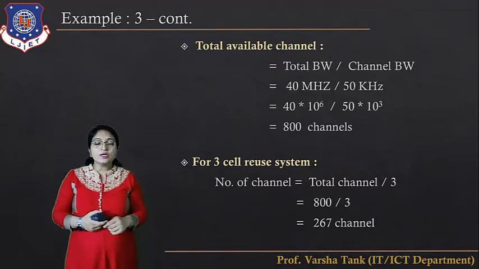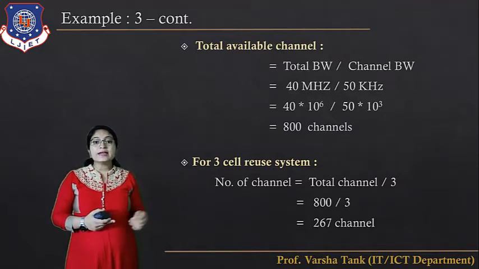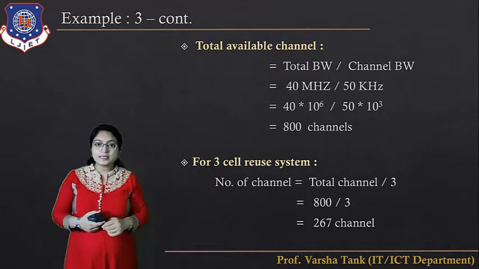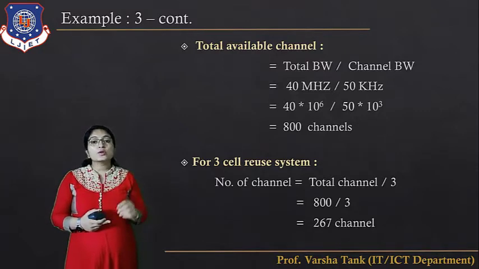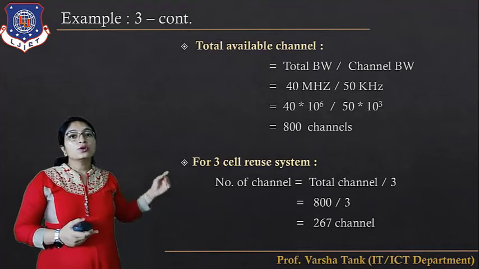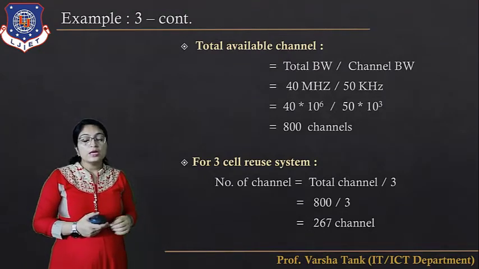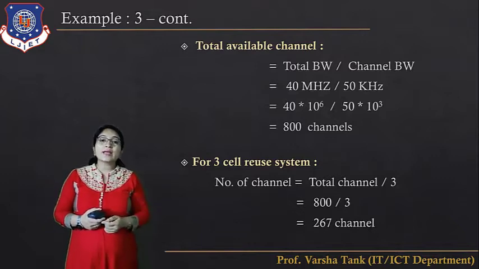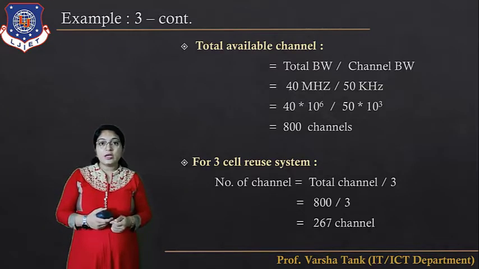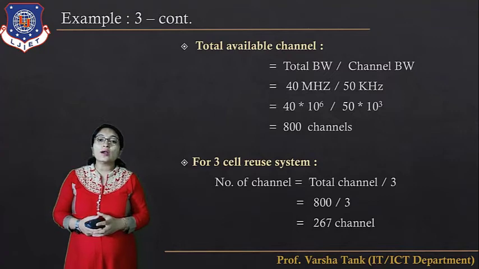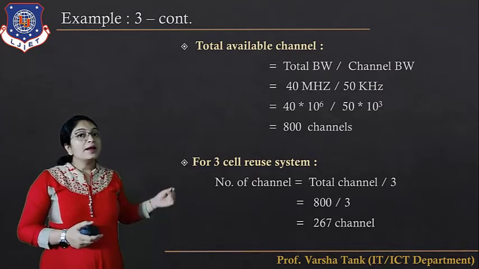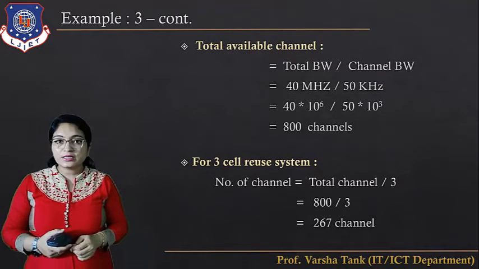Megahertz is 10 raised to 6, and kilohertz is 10 raised to 3. So 40 into 10 raised to 6 divided by 50 into 10 raised to 3. Whenever you calculate this, you will get 800 channels. So total available channels are 800.